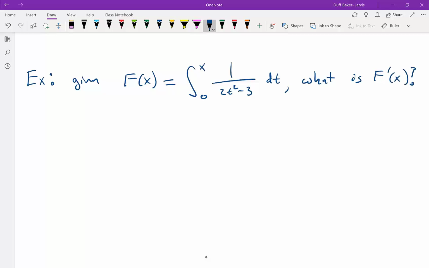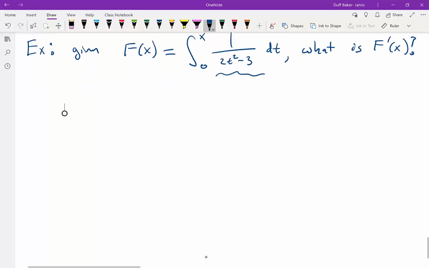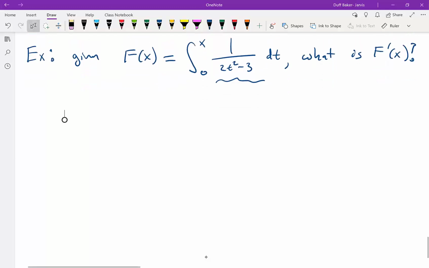Right, so we have some function here, this capital F, that takes the area under this 1 over 2t squared minus 3 thing, and calculates the area from 0 up to whatever you plug in, right? And this is basically set up so that it's exactly the fundamental theorem, right?